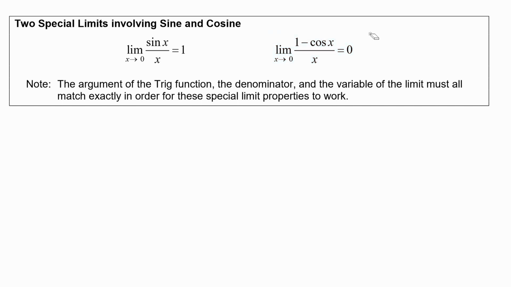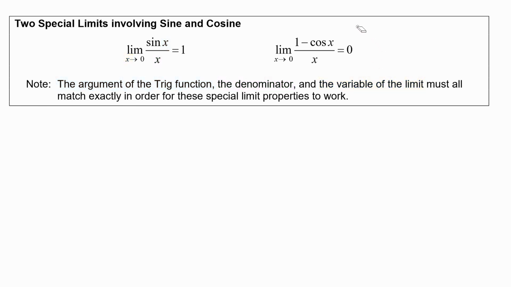Now a special note, the argument of the trig function, so that would be this x right here, the denominator, which is this x here, and the variable of the limit, which is this x here, must all match exactly in order for these special limit properties to work.